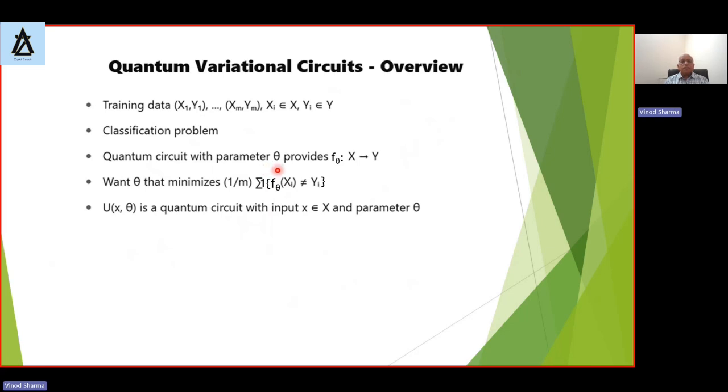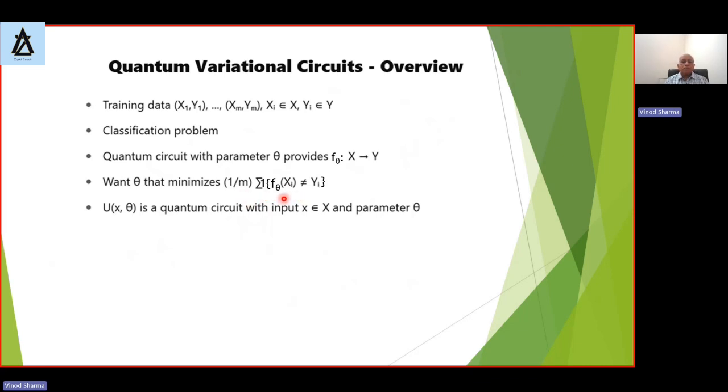Given this theta, the main output that we are going to measure, that we will call f theta, and given x, the main output given by f theta x will give us y. We want to find theta. So if it is a classification problem, we want theta, this parameter, that minimizes the error in the training sequence.